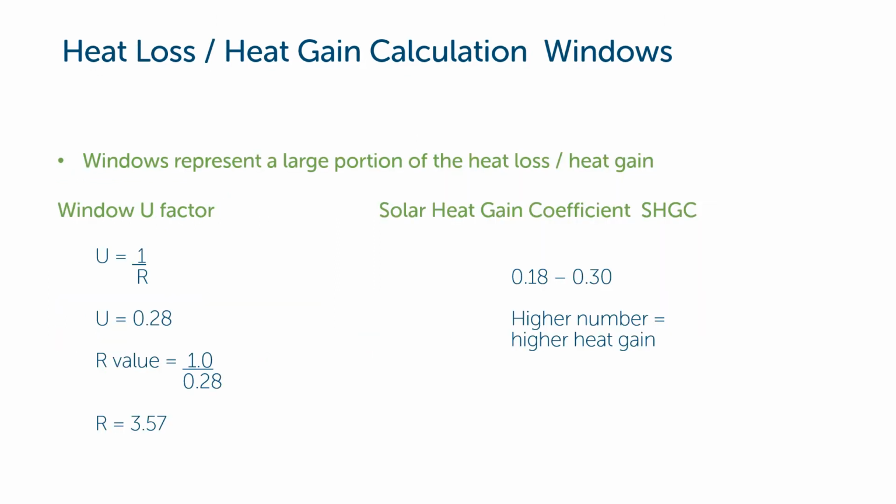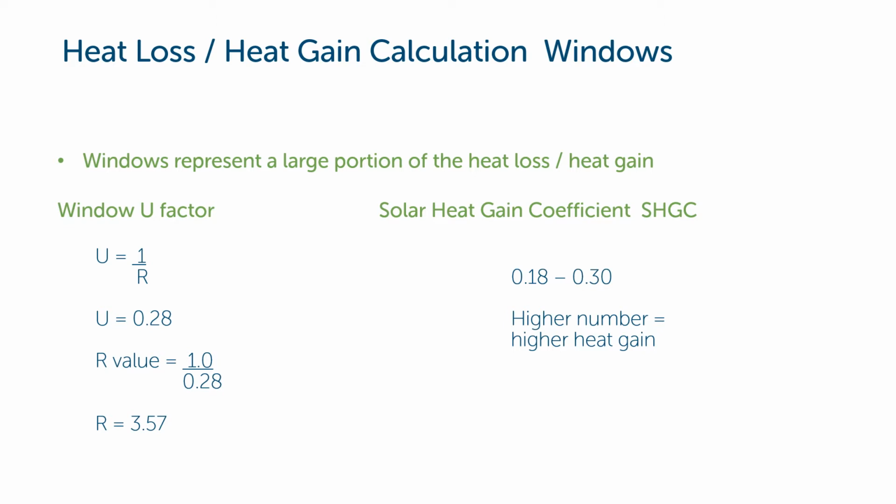Now, some Manual J programs are going to ask for the R value of a window, but windows come listed with a U factor. And here's the simple relationship. Remember, guessing is not a good option, as windows make up a large percentage of the total heat loss and heat gain, or they can, depending on the building.